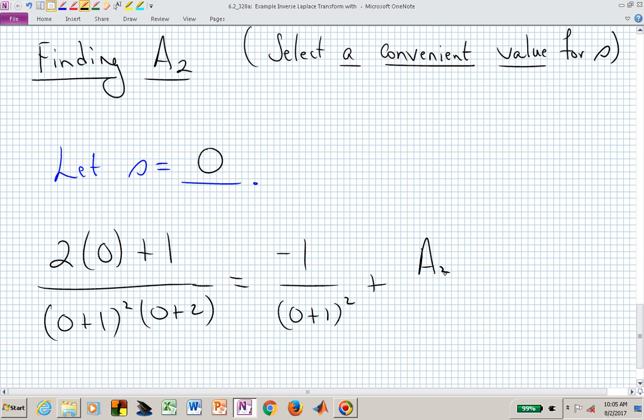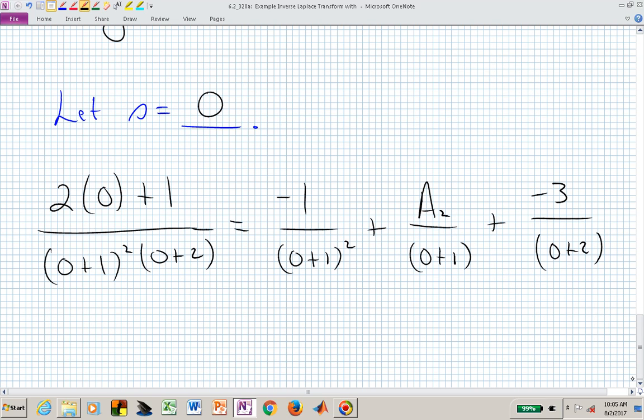A sub 2 we still don't know, and luckily that's what we're trying to find, so that's still an unknown coefficient. (s+1) is underneath it, plus a sub 3, which we do have, sitting on top of 0 plus 2. Now we have one equation in this one unknown, a sub 2, and hopefully now we can do the algebra.